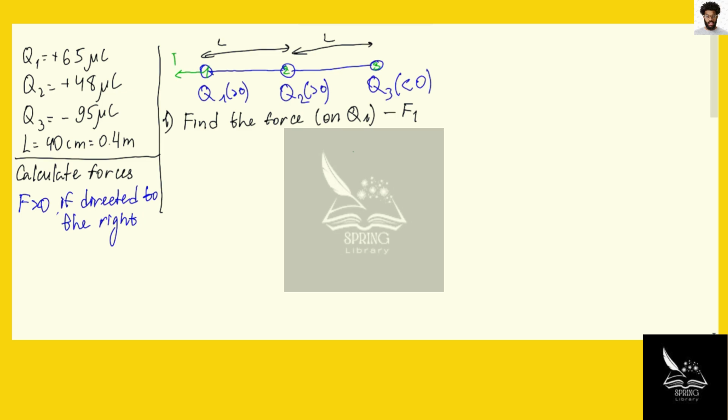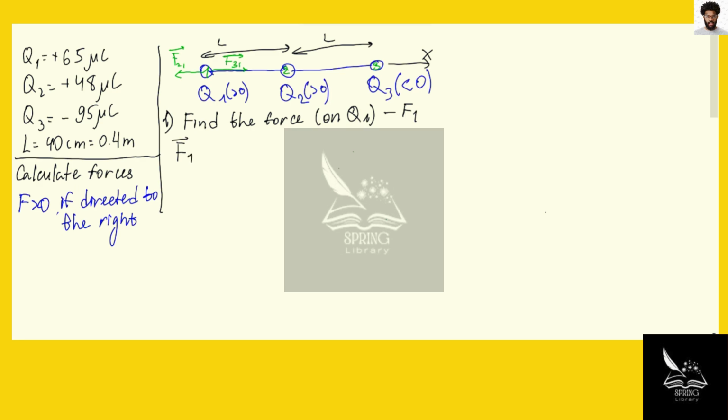And F21, the force of interaction between charges 2 and 1, will be directed to the left and will be negative. Meanwhile, F31, the interaction between charge 1 and charge 3, will be positive because Q3 is negative, and it will be directed to the right. For simplicity, we can show the x-axis here.